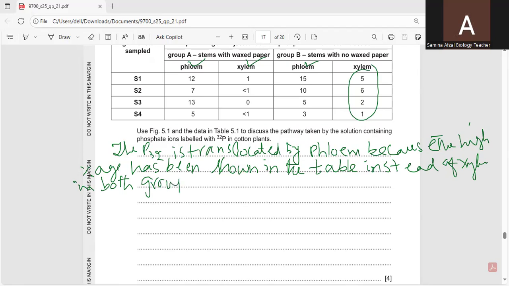In both groups, you can see that S1 and S2 have a higher concentration in the phloem.